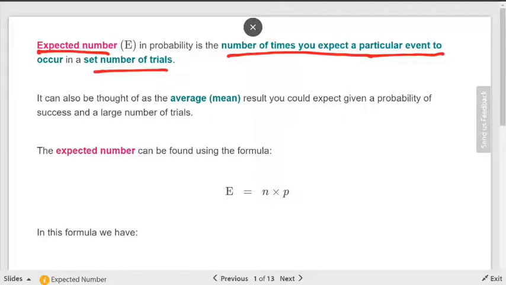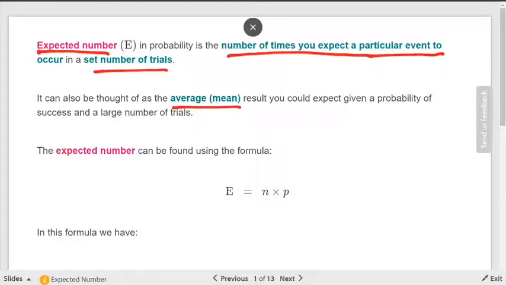I think the word trials messes with you a little bit, because really what we're talking about is a set number. So say I have 1,000 light bulbs. That's what they mean by trials. There are 1,000 of them. So don't let that word trial throw you. It can also be thought of as the average result you can get. Okay? And again, don't try to write down every single word from the Education Perfect screen. Just think about what I'm saying and about what I'm underlining. Those are the things that are really key.